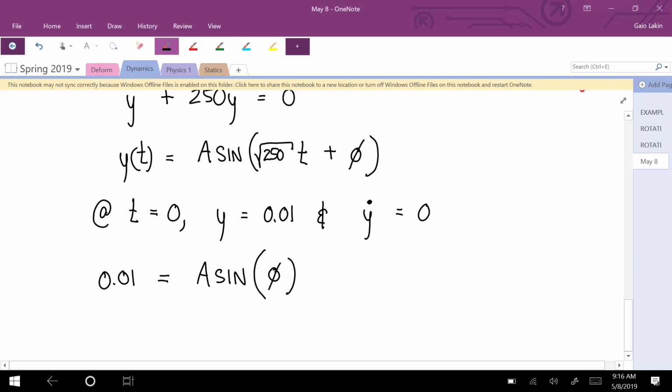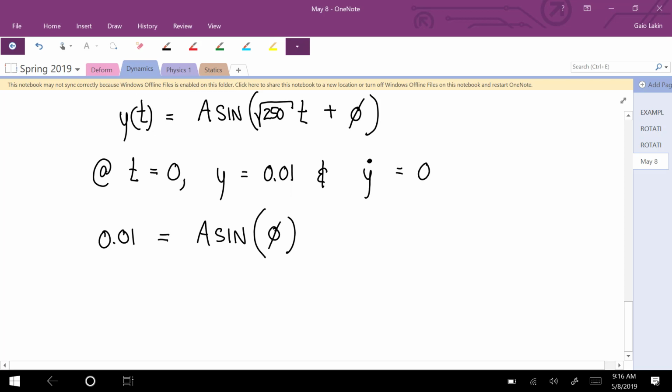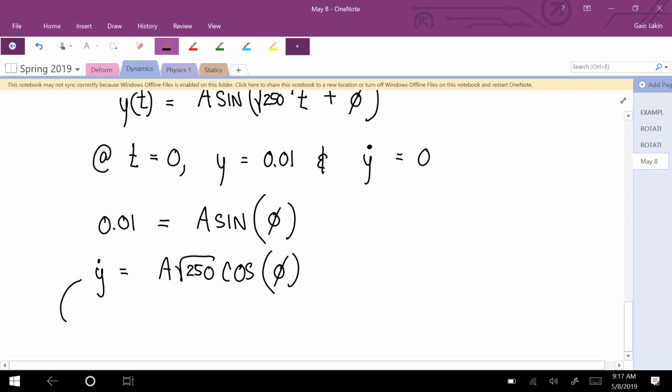And y dot is equal to A times square root of 250 times cosine of phi, and the boundary condition says 0.